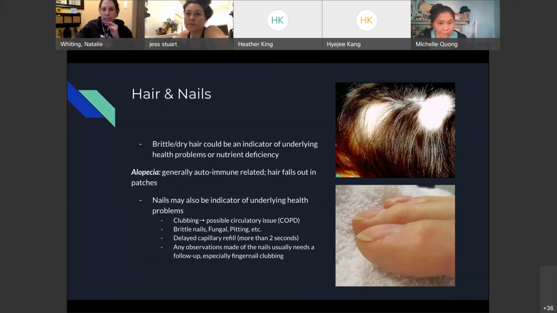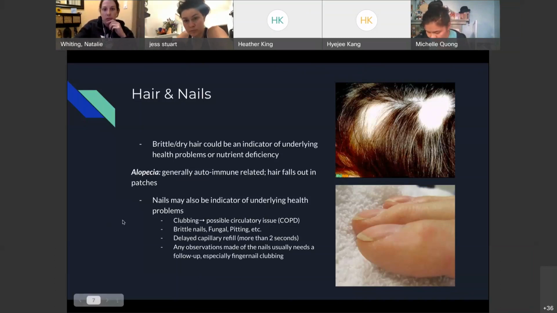Alopecia is pictured here in the top image. It's generally an autoimmune related disorder. My sister actually has it, where the hair falls out in patches. Sometimes it can come and go, and there are different levels of severity. Some patients have it so bad, all in patches, that they just decide to shave their head.